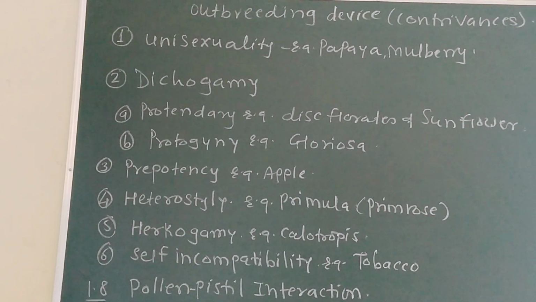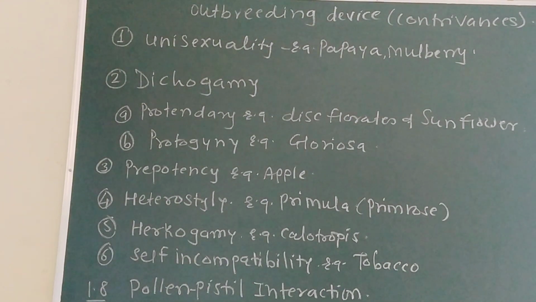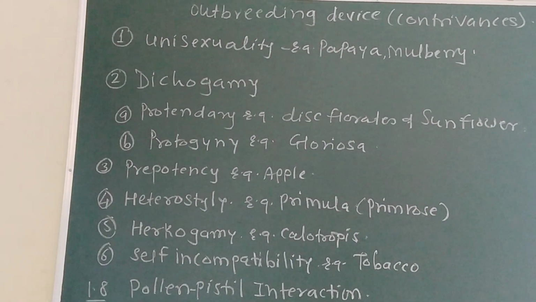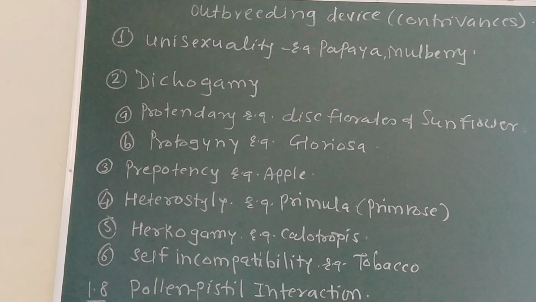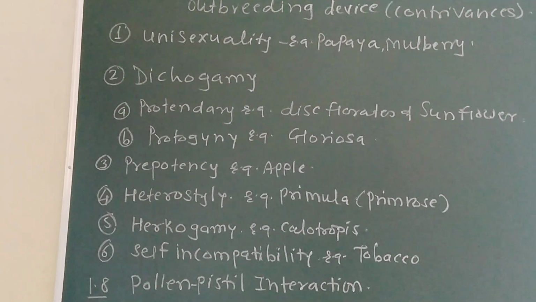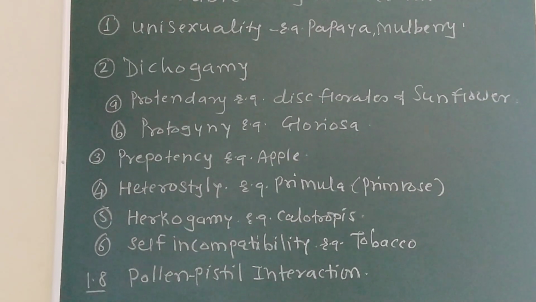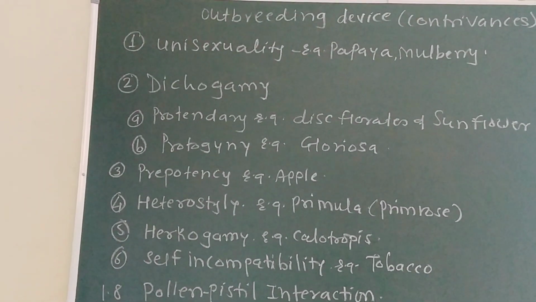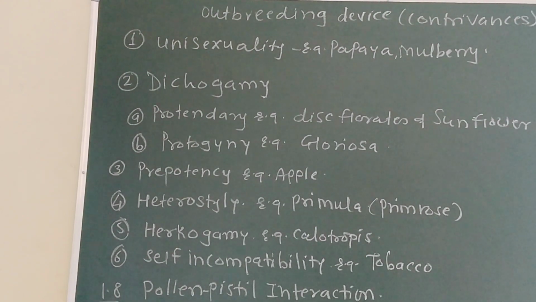Example, calotropis, which has a pentagonal stigma located above the level of the anthers. Next, self-incompatibility or self-sterility. This is a genetic mechanism due to which the germination of pollen on the stigma of the same flower is inhibited. Example, tobacco.